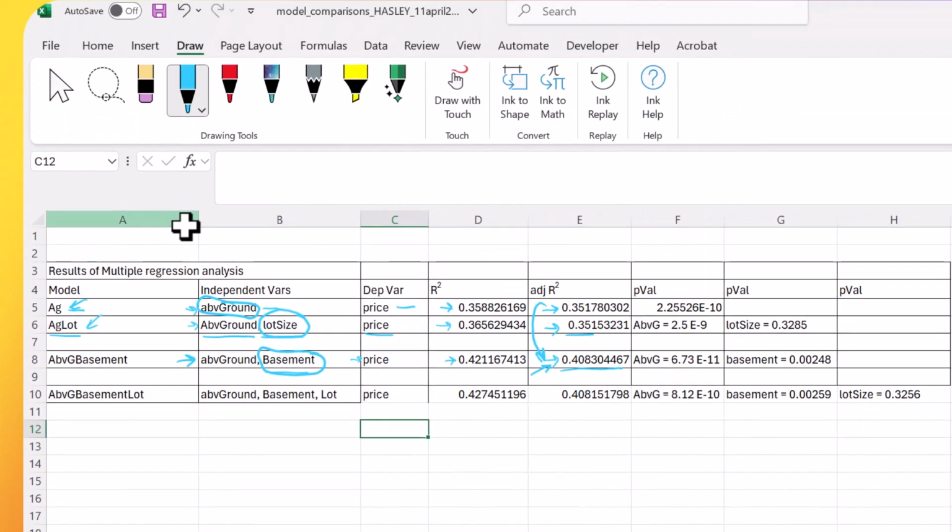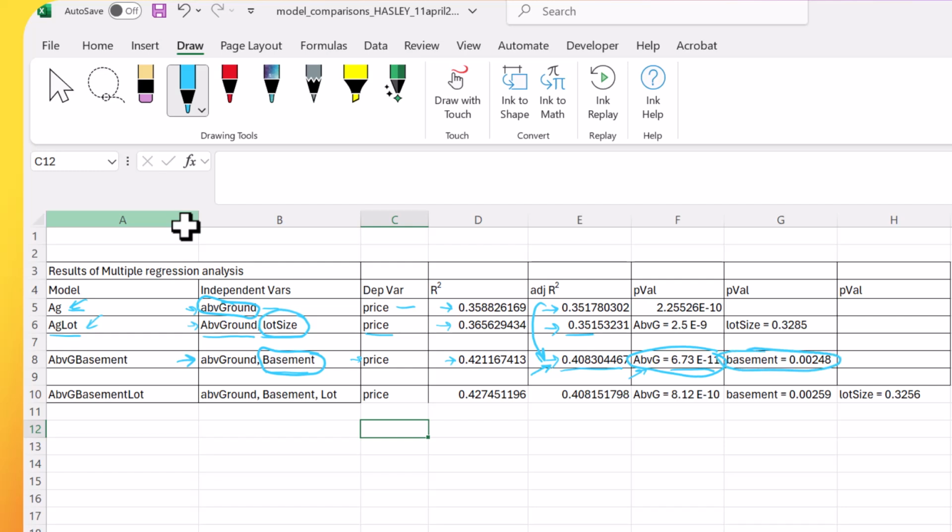In this case, you can see that the above ground p-value is 6.73, but it's got 10 zeros in front of that. And this basement variable has a p-value of 0.00248. These are way below the cutoff of 0.05. So both of my variables have a very significant p-value.